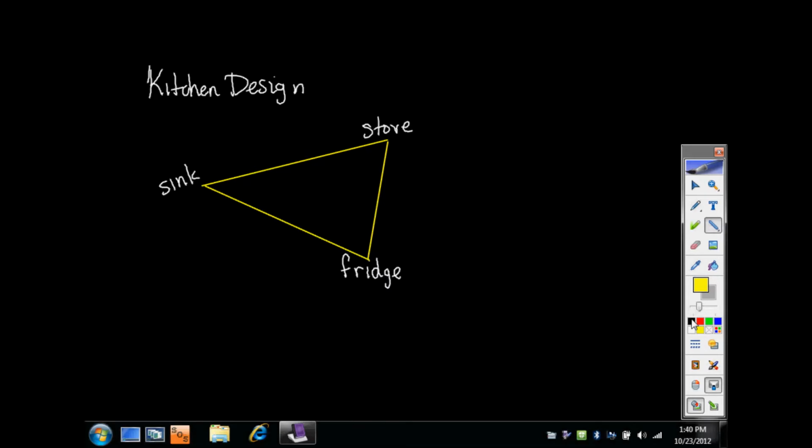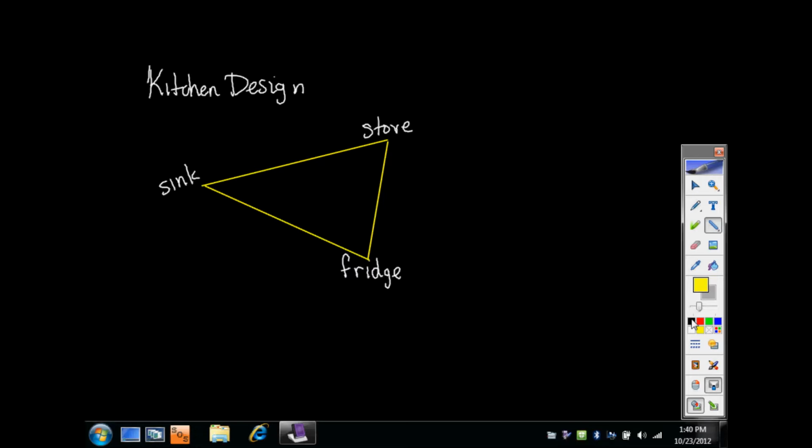So you're designing a kitchen, right? You have your sink, your stove, your fridge. Obviously, there's counters or whatever around here. Sorry, I'm not going to draw the pretty kitchen. But when architects or interior designers design these things, there are rules for aesthetically pleasing as well as functional.